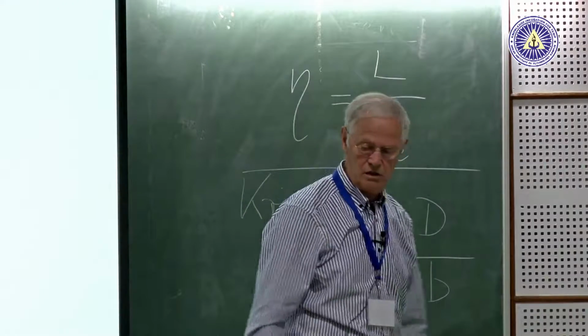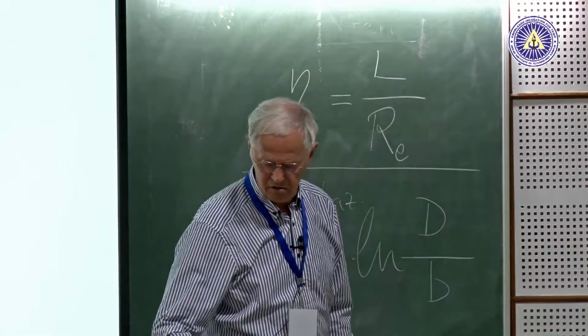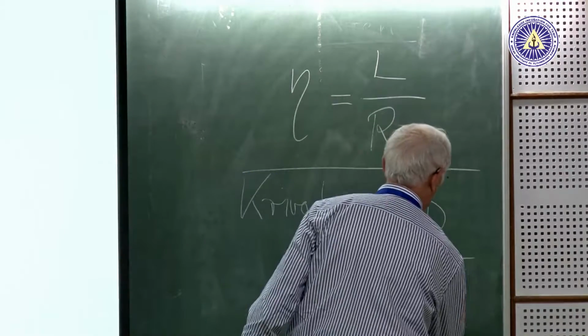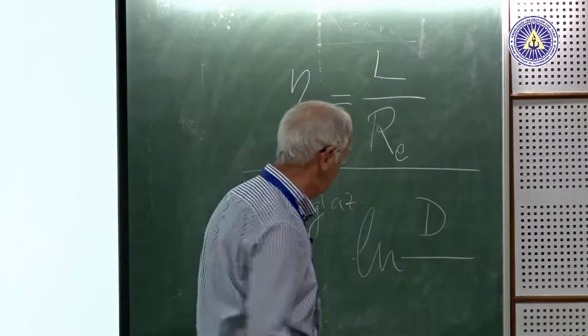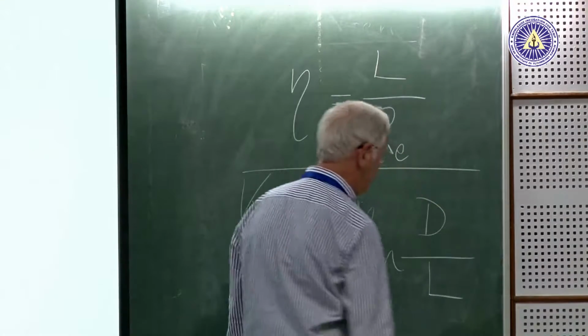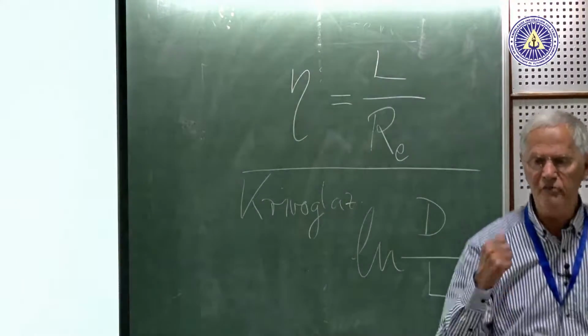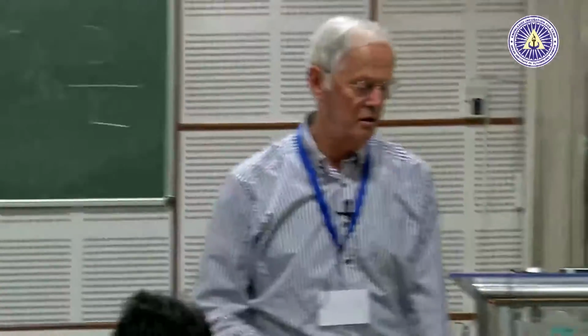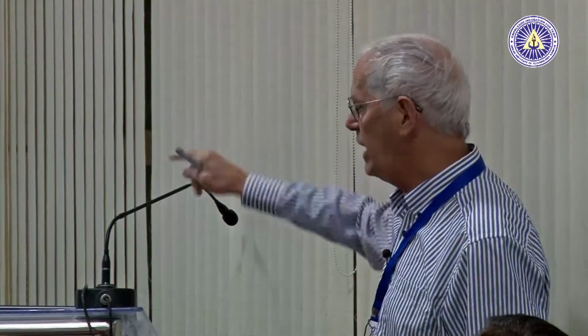D is, I think not even that, but d over L. This is the Krivoglass formula, where D is the size of the crystal. I don't shine this pointer to the blackboard, because it reflects, and that is dangerous. But you can see ln d over L, where d is the crystal size.